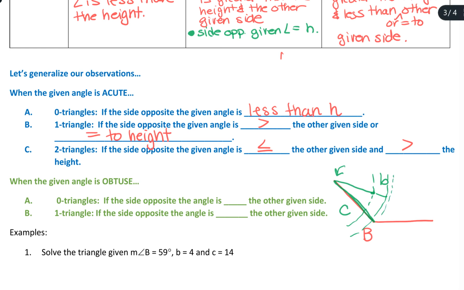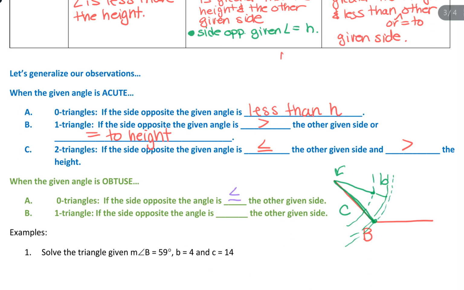If it's equal to side C, it would reach, but would it make a triangle? No. So if the side opposite the angle is less than or equal to the other given side, it's not going to be long enough to reach. And in the case of equals, it will reach, but it won't make a triangle. It'll just make an angle.